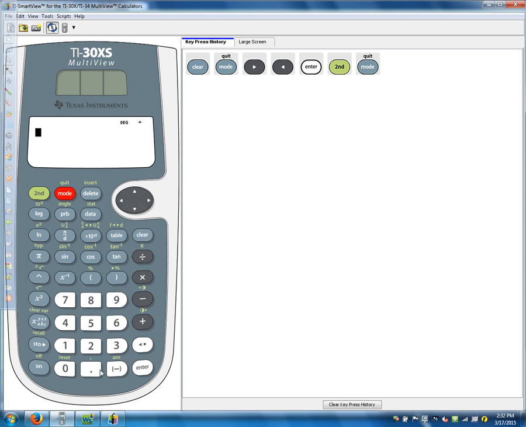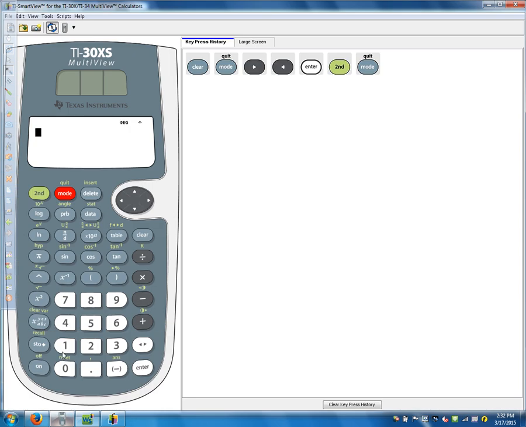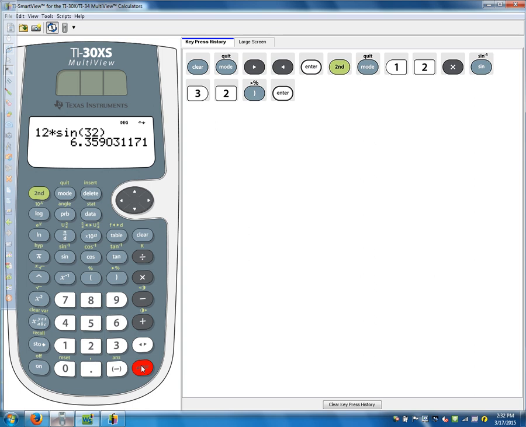And I'm going to enter this exactly like I wrote it down. 12 times the sine of 32. And I'm going to close my parentheses. Hit enter. And it tells me that side is about 6.36 units long.